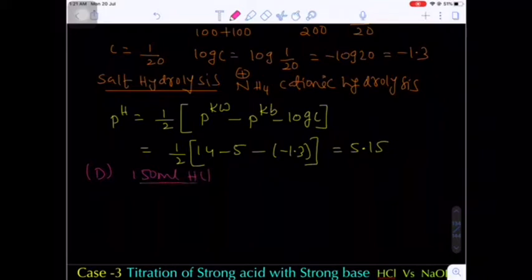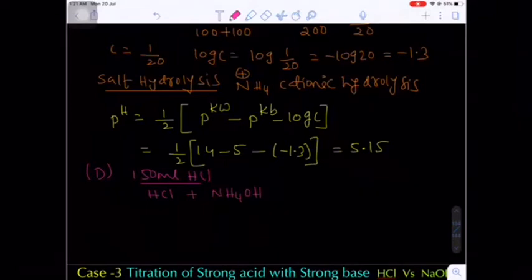100 ml of hydrochloric acid is added. Now one more is there. 150 ml of hydrochloric acid is added. Now here hydrochloric acid, HCl, combines with ammonium hydroxide, that is NH4OH, to give NH4Cl salt plus H2O.